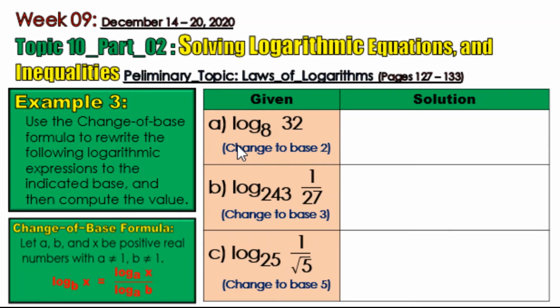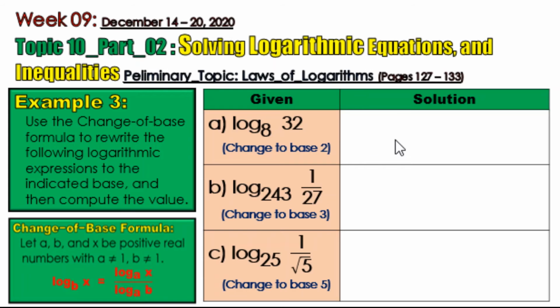So let us start. Letter A, logarithm of 32 to the base 8. You are asked to change to base 2. So this is our change of base formula. What do you think is the answer for letter A? How would we change the base using the change of base formula?